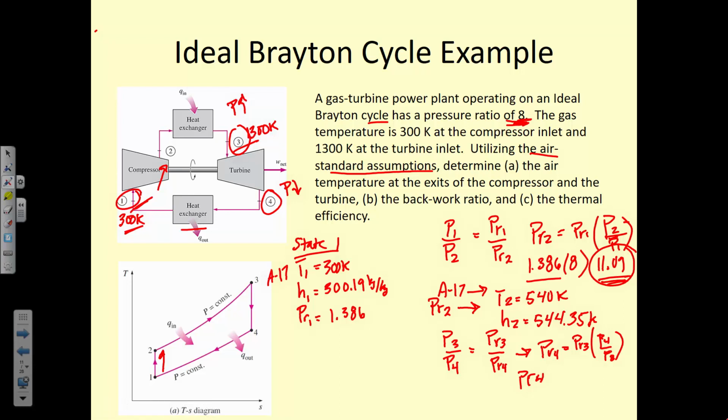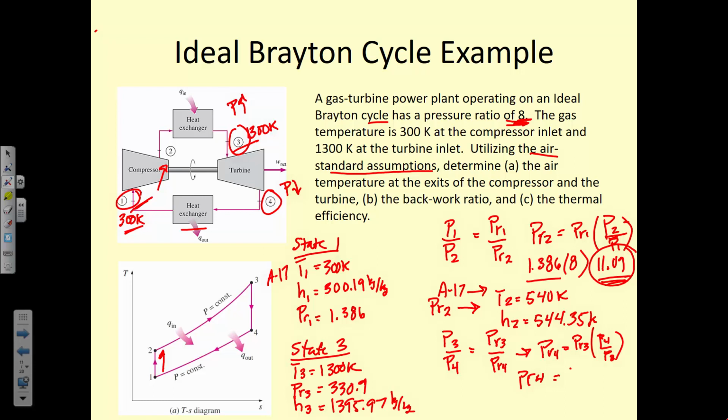So PR4 is equal to PR3, which we looked up in the table at state 3, where T3 is equal to 1300 K. PR3 is equal to 330.9 and H3 is equal to 1395.97 kilojoules per kilogram.